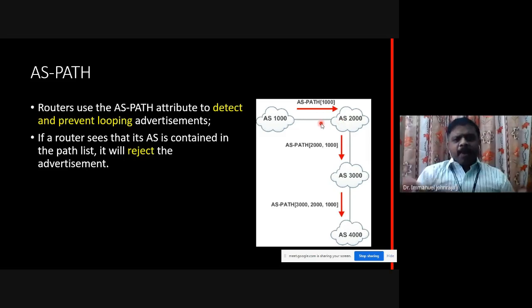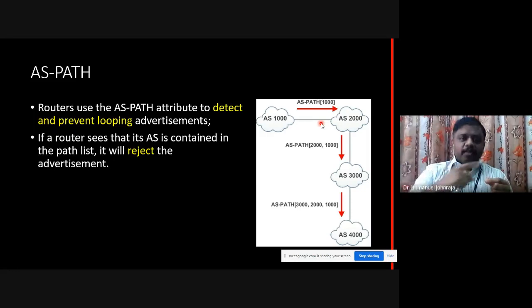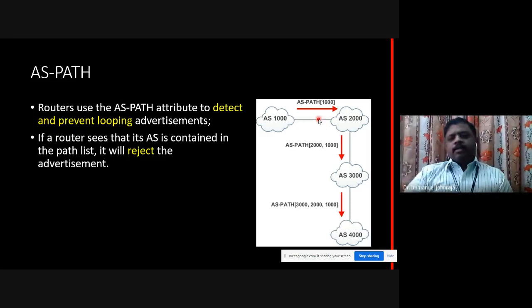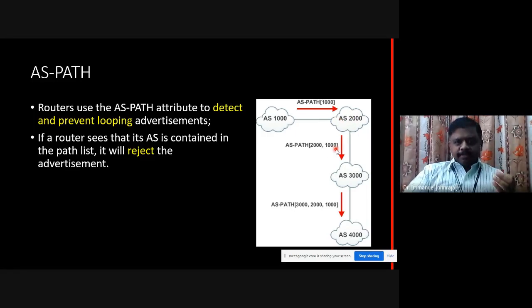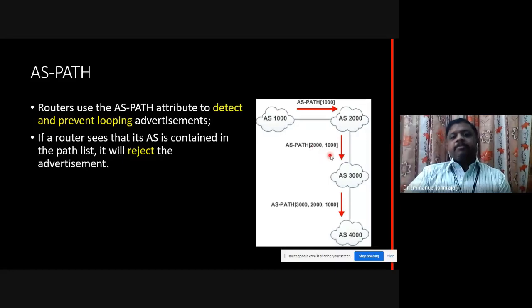And then what is a path, by the way? Path is a collection of routers. We know, right? A collection of routers which gives the routing information, right? So when this comes to autonomous system 2000, when that forwards the information to autonomous system 3000, it includes its own ID at the end. Okay, it is prefixing its ID. I'm sorry, it's not at the end, it is prefixing its ID. And then it goes to the next autonomous system.